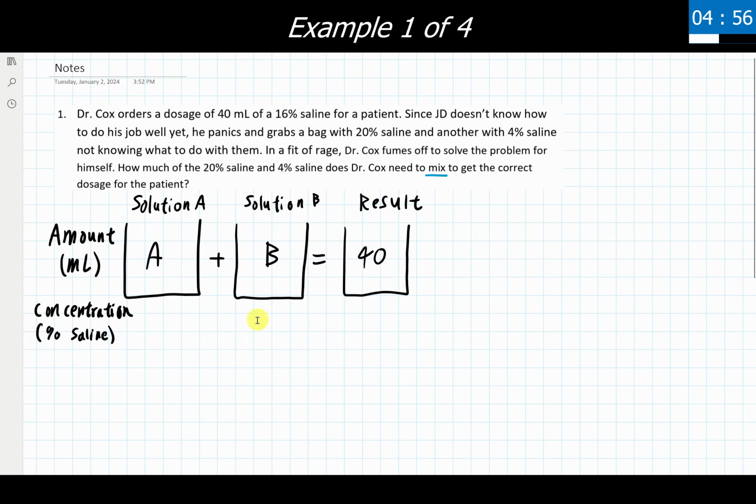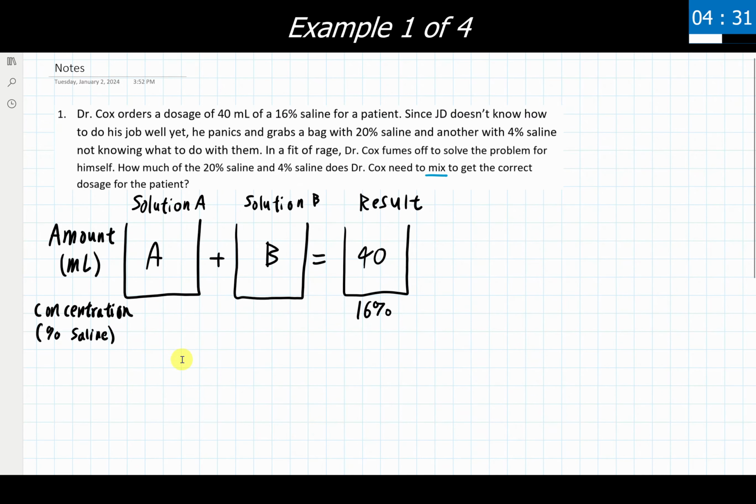Now what am I doing in working with the concentrations? I need these filled in as well. So my result is going to have to be 16% saline. That's given to us at the very beginning of the problem. Solution A, which of these two different ones is that going to be? Doesn't really matter. We're just going to put the 20% there first, only because that comes first in the sentence.